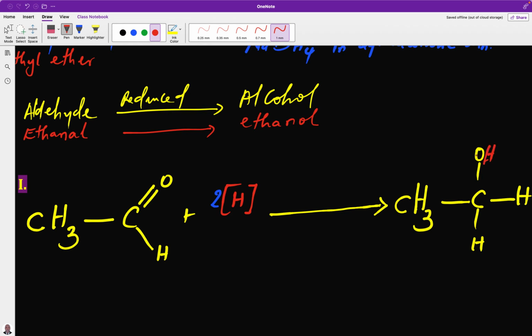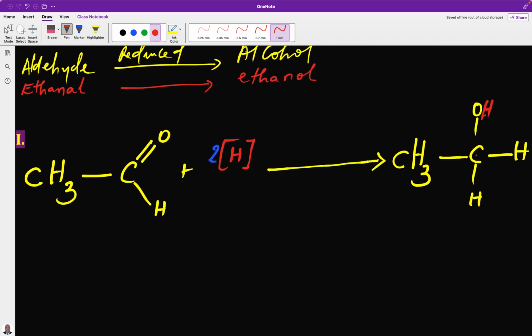The product will be ethanol, which is CH3CH2OH.